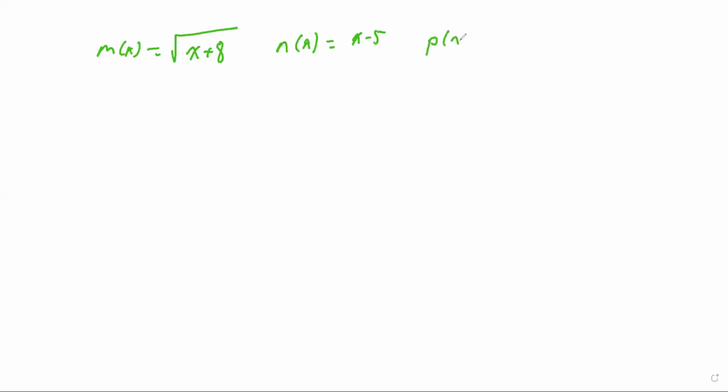P of x is equal to x squared minus 9x. Q of x is equal to 1 over x minus 10. And R of x, that's a 9, by the way. R of x is equal to the absolute value of 2x plus 3.